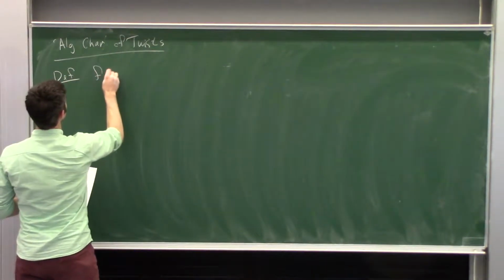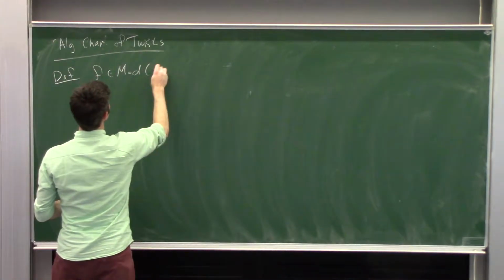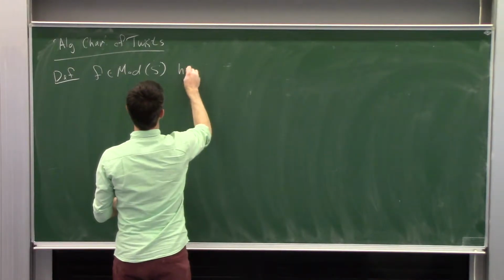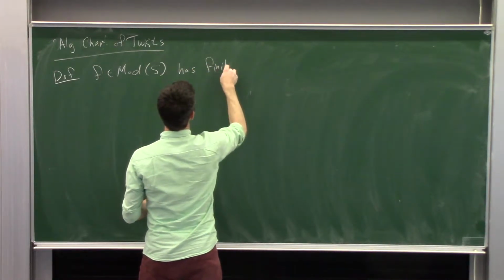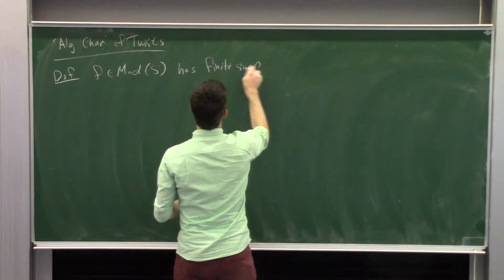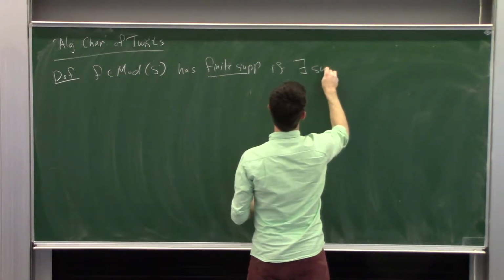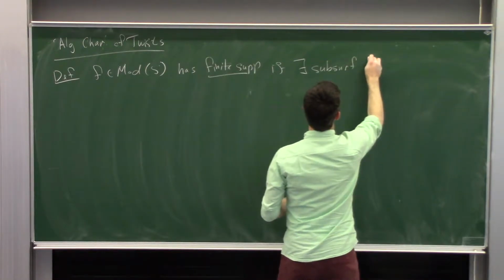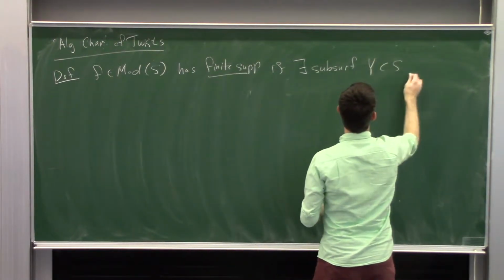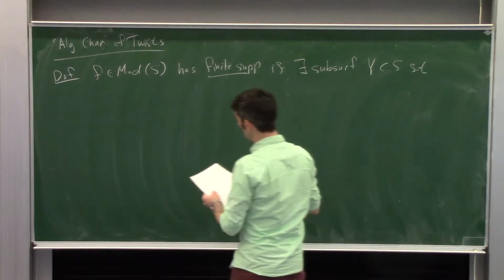You say that f, an element of the mapping class group, has finite support if there exists a subsurface Y such that it's the identity outside of the subsurface.